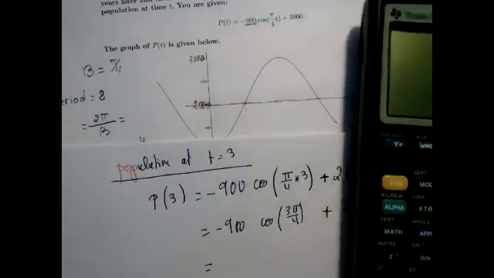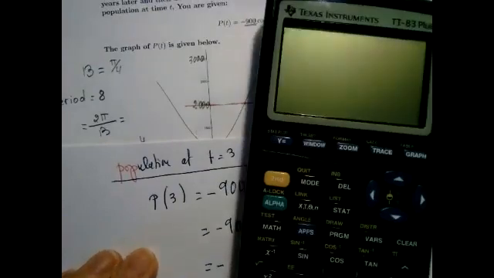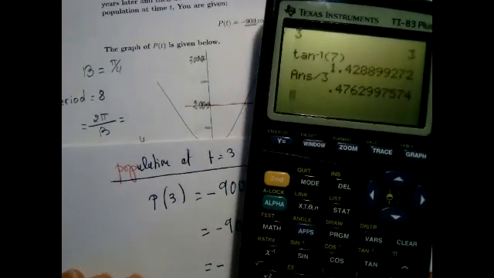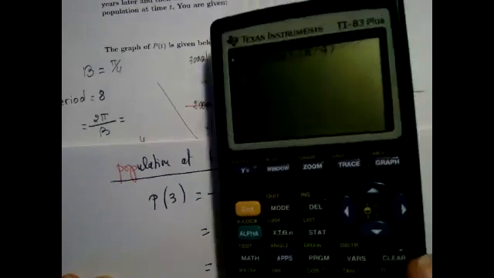So I'm going to take 900, and on my calculators, all of us should be in radian. So thanks for the answers. It's 900 times the cosine of 3 pi over 4.